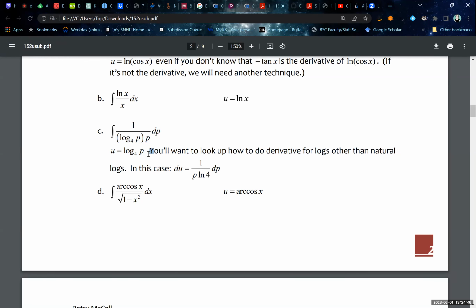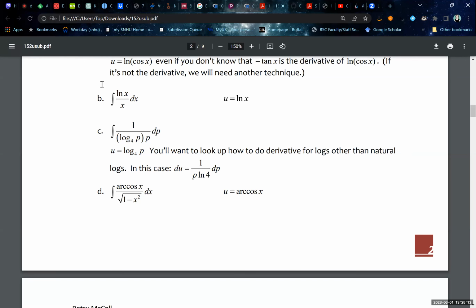Again, logs make great u-substitutions because we can't integrate them as is. And so if there's a log in the problem, if substitution is going to work, that's a good way to make u. It turns out that when you learn integration by parts, logs make good u functions anyway. So if you've got a log, think about it as the u.